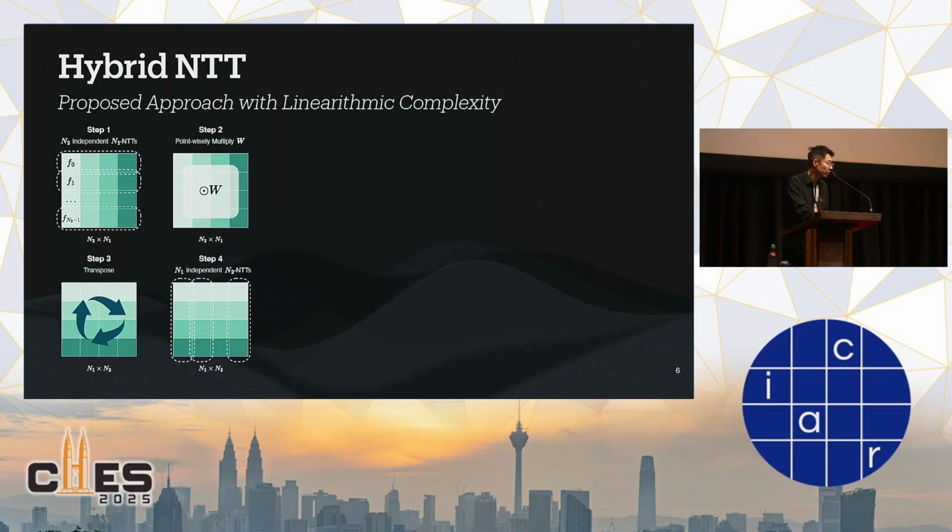So in step 1 and step 4, we do a smaller degree NTT, and for step 2 we need to multiply with a matrix consisting of twiddle factors, and for step 3 we do a matrix transpose.